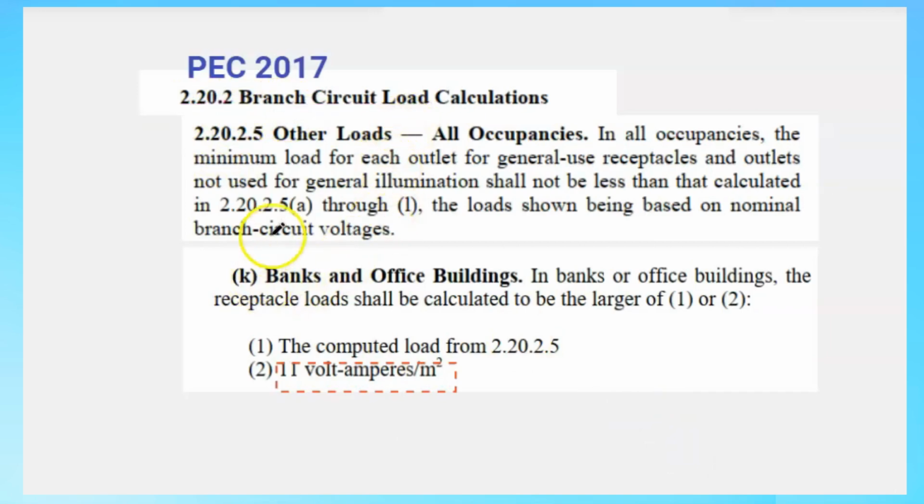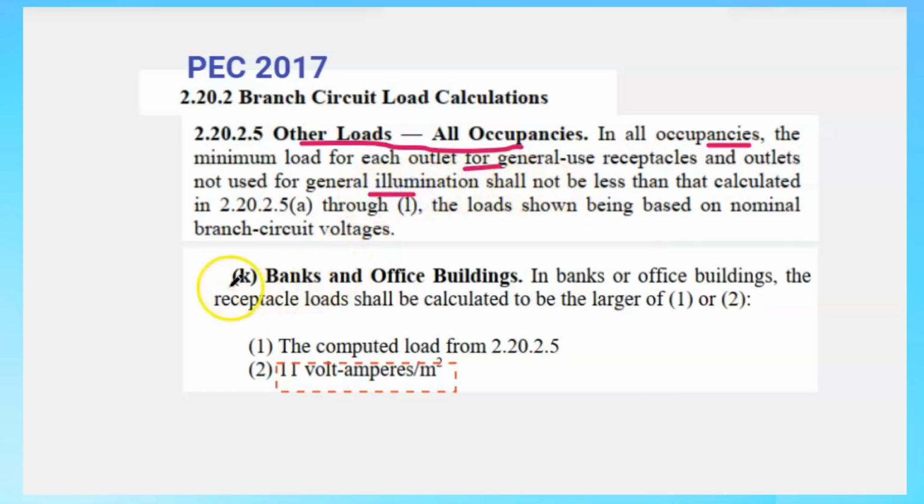It says here, other loads, all occupancies: the minimum load for each outlet for general use receptacles and outlets not used for general illumination.